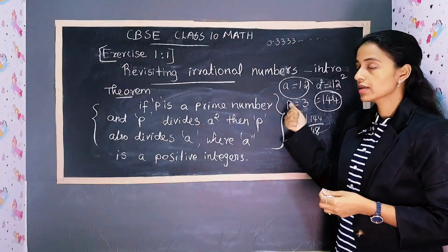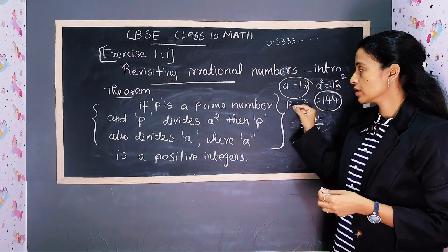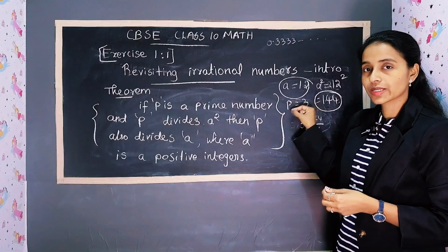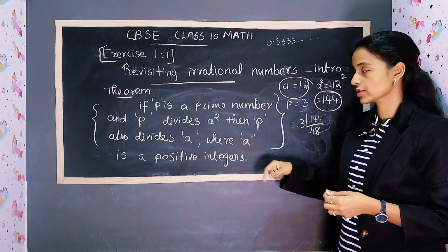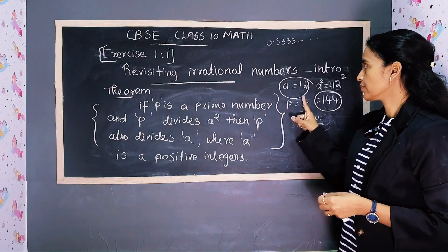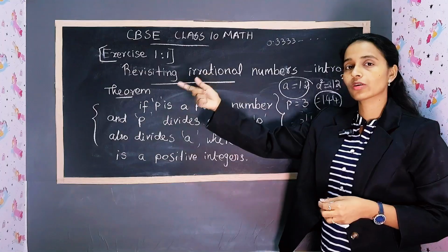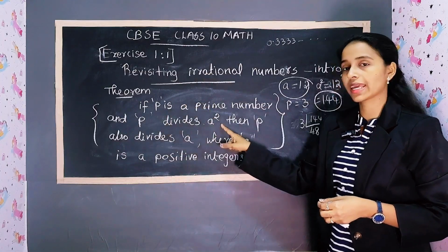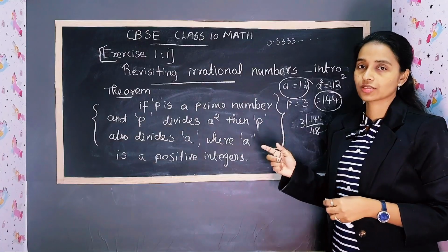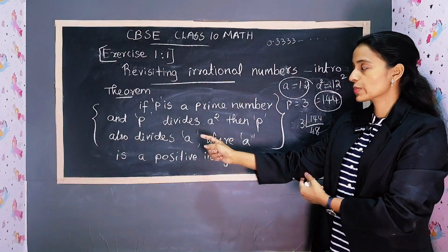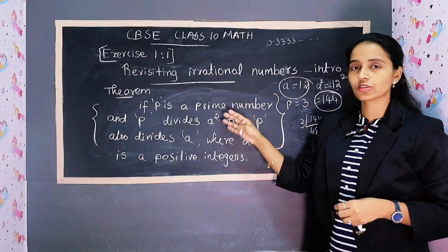Here this p divides a square, and also this p divides this a. This is all about this definition. Here p is nothing but any one of the prime factors of this a. A is any positive integer, so that this p divides a square and also p divides a. This is all about this theorem.